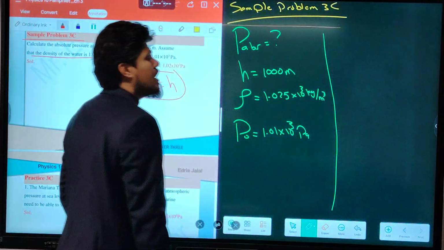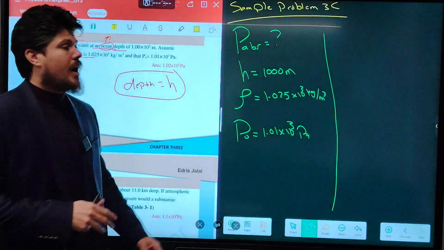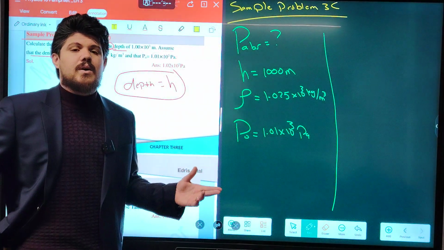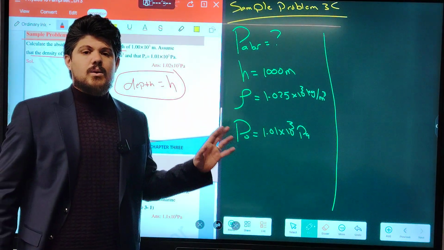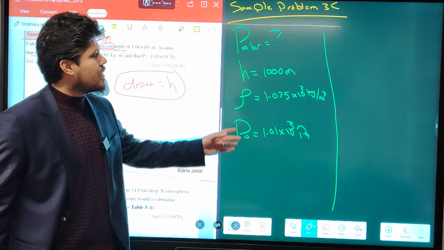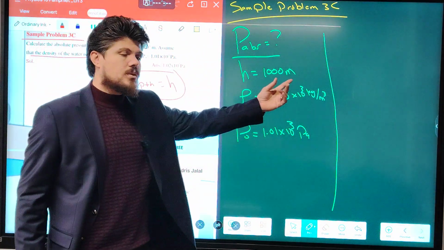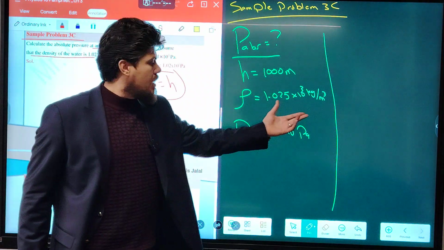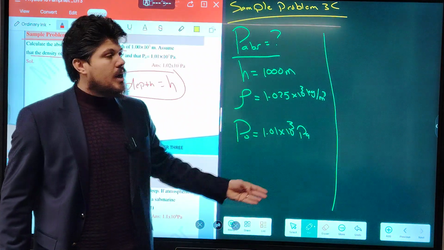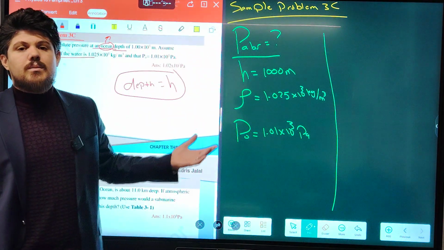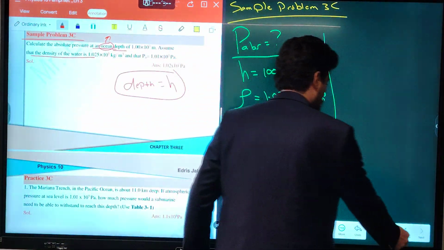For every solving question, guys, you have to write down the given value and the unknown value. How many unknowns do we have? Only absolute pressure. How many given values do we have? We have depth, which is height, density, and atmospheric pressure. Which equation can be used to determine the absolute pressure?